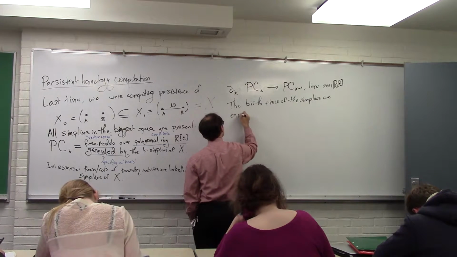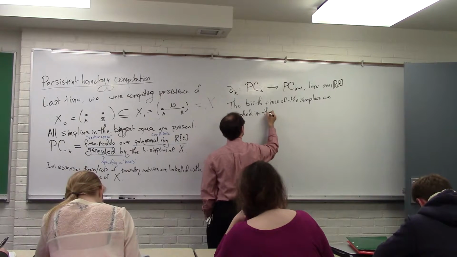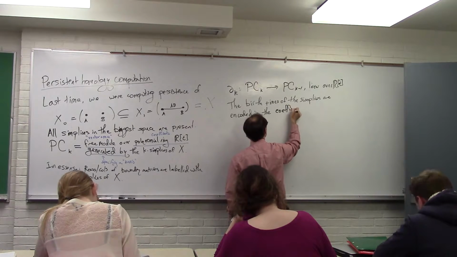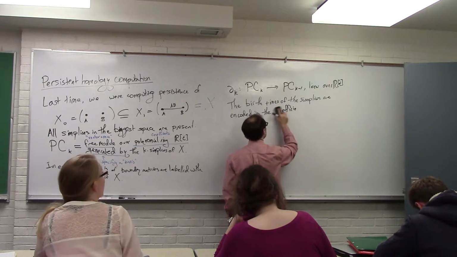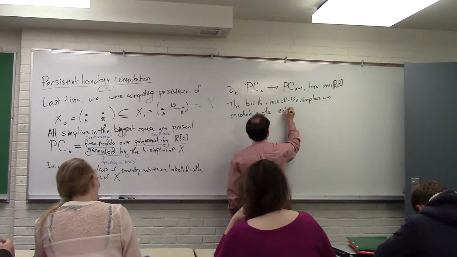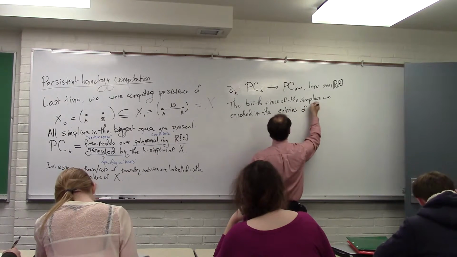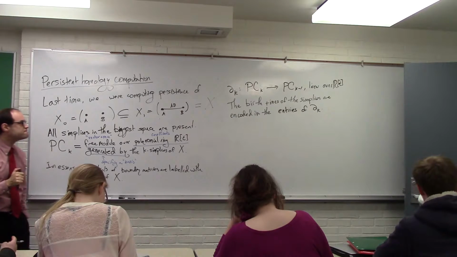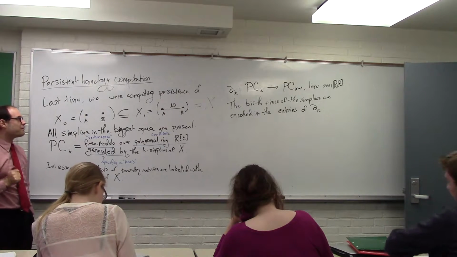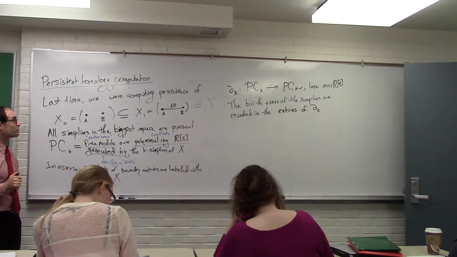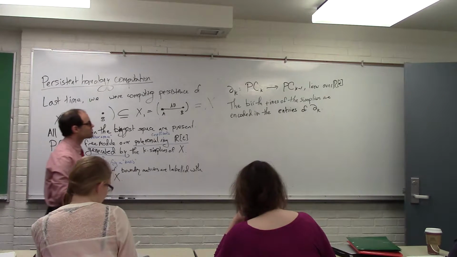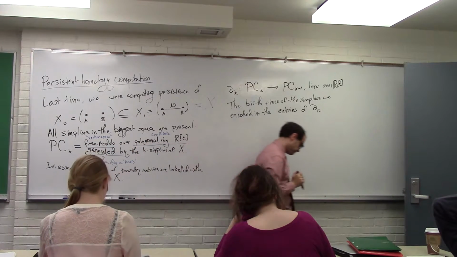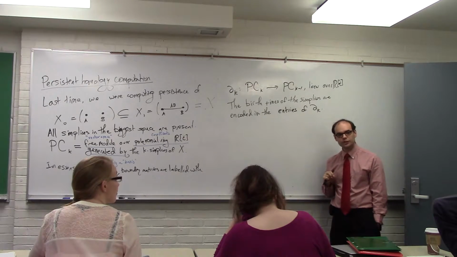The birth times are encoded in the matrix entries. And the important thing to realize is that it's not the absolute birth times that get encoded here. It's the relative birth times. So it's telling you about the difference between these things. The difference in the birth times is basically what gets encoded.